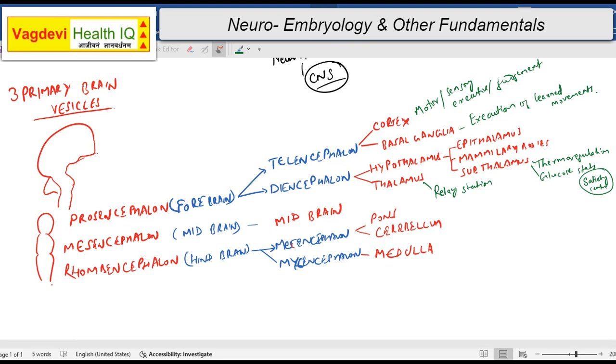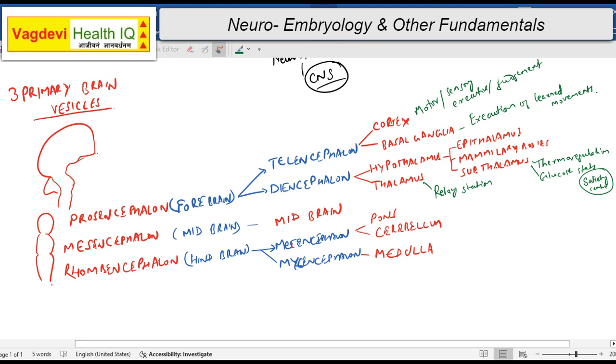Satiety center means satisfaction with the food. Suppose your glucose level is down, that's where you feel hunger. Whether the satisfaction index has been reached or not, this is what the satiety center does. So this is what the hypothalamus controls.